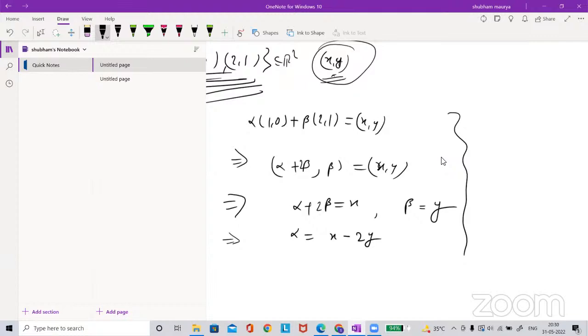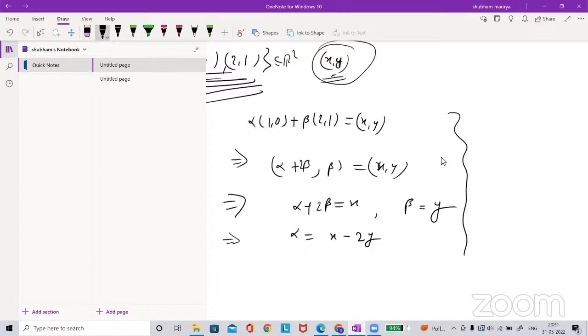Sir, in your equation, you write alpha (1,0) plus beta (2,1) equal to (x,y). (x,y) is any vector of R2. Yes. Then alpha (1,0) plus beta (2,1) equal to (x,y) is the linear combination.